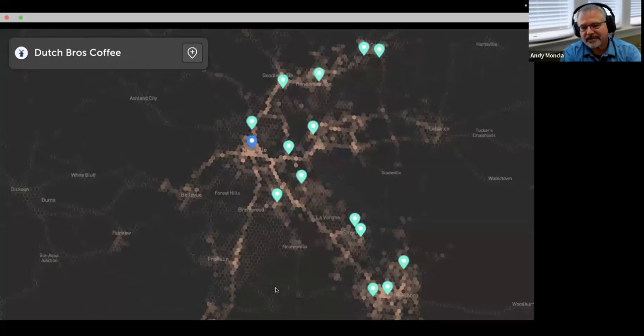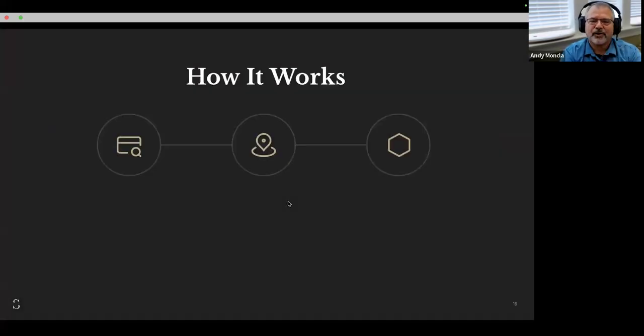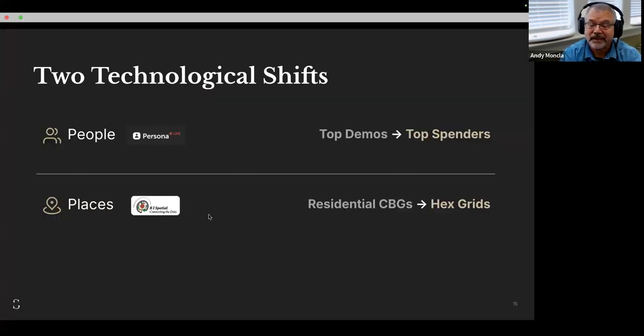The beauty of working with Leiden is that now we can segment that visitation data by segmentation. If you know the top 10 segments that drive 50% of your business, now all of a sudden you can map them out and see where they are when they leave the home.